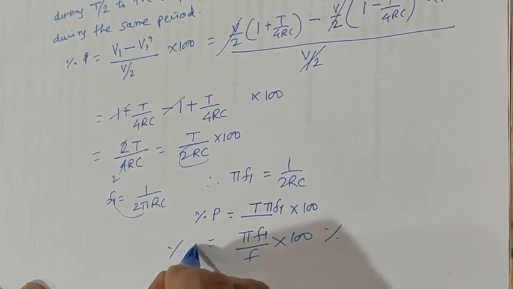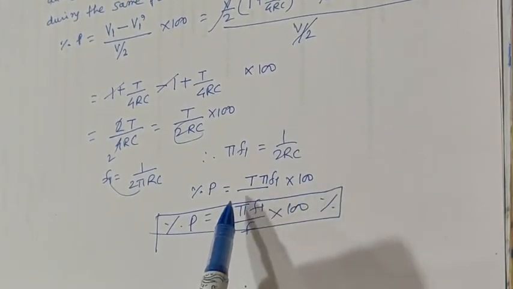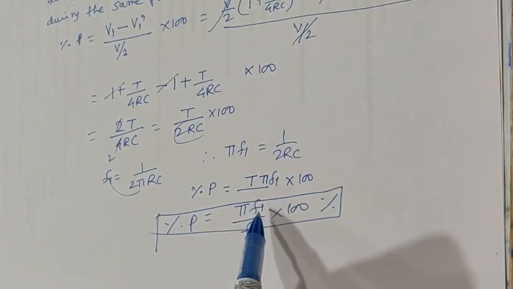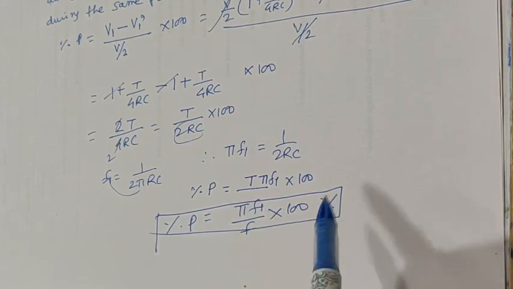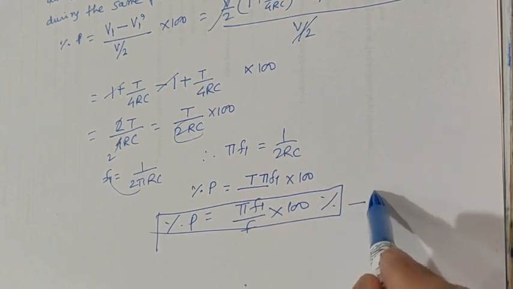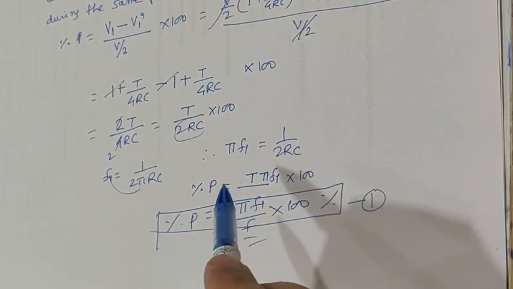So this is percentage tilt. So percentage tilt can be calculated as pi multiplied by the lower cutoff frequency F1 divided by the frequency of the waveform you have applied, multiplied by 100%. So this is a very important expression as far as examination is concerned.